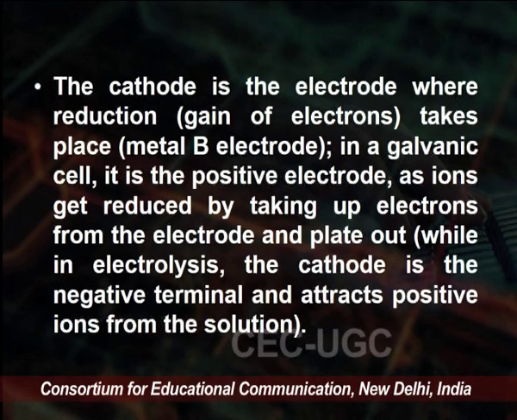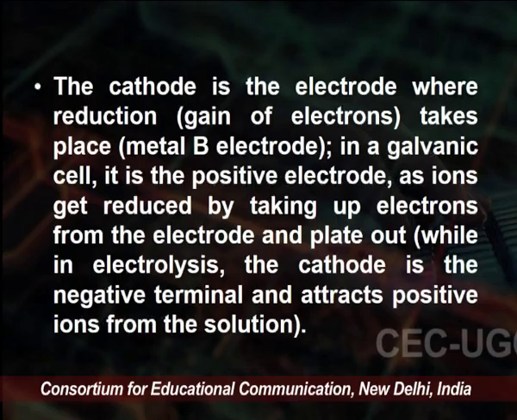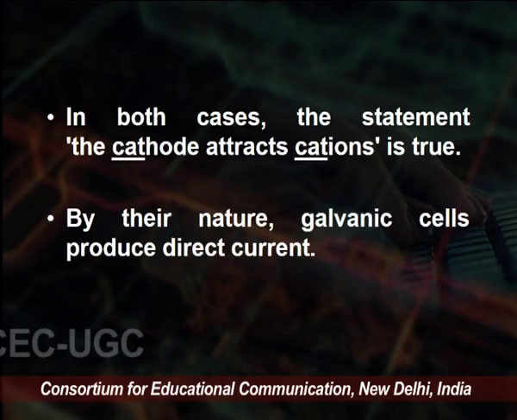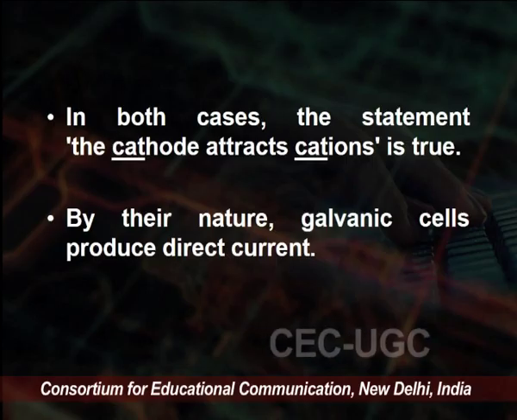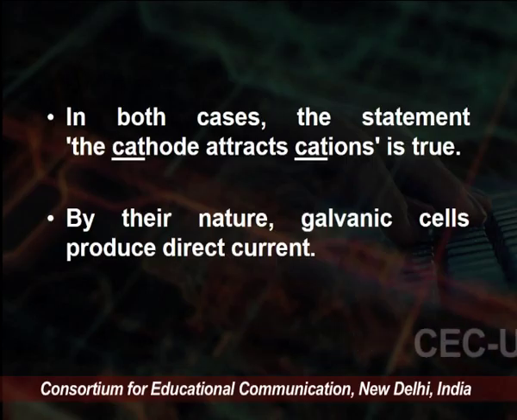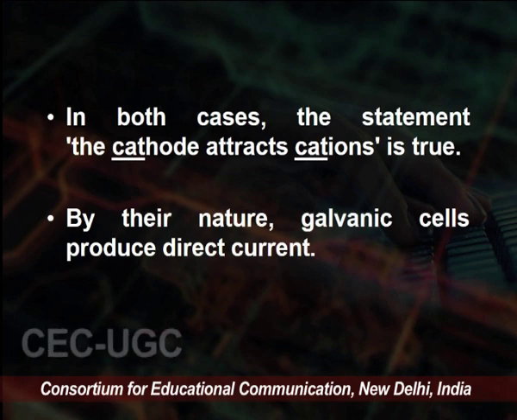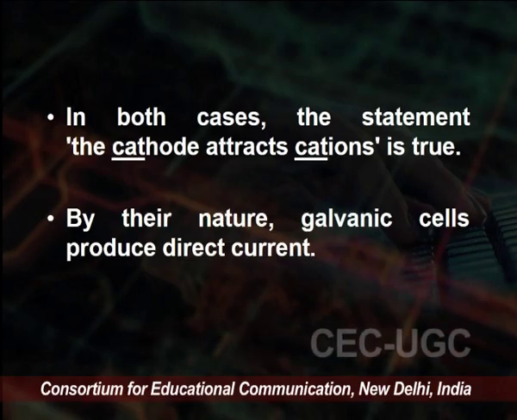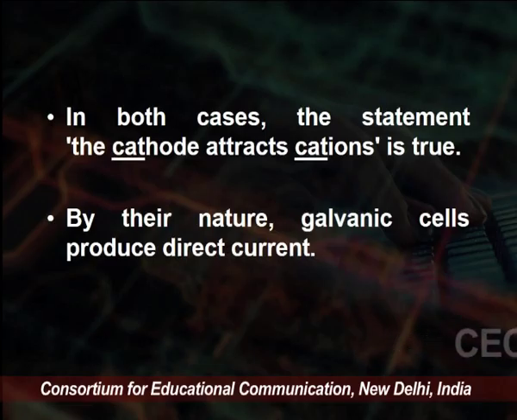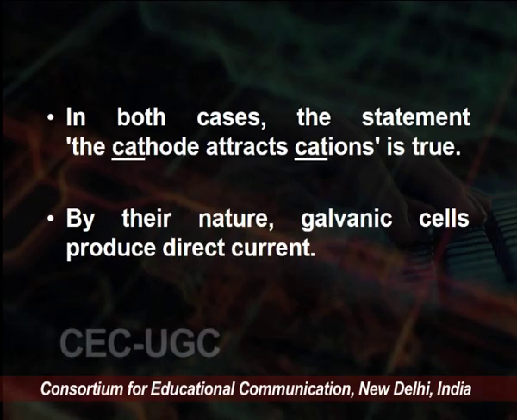While in electrolysis, the cathode is the negative terminal and attracts the positive ions from the solution. In both cases, the cathode attracts cations. By their nature, galvanic cells produce direct current, meaning we can get DC current through the galvanic cell.